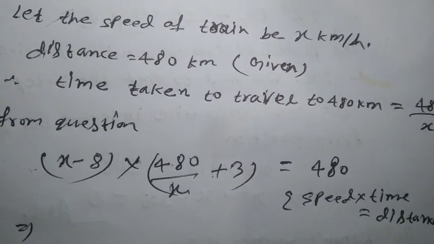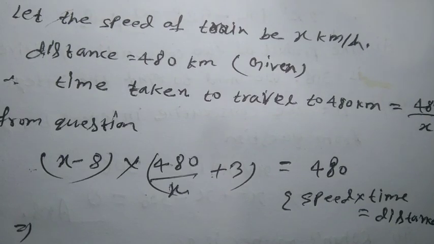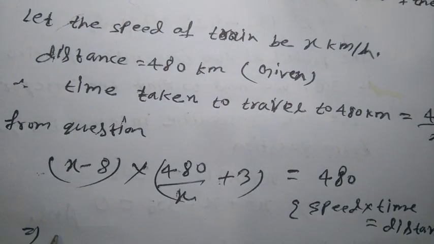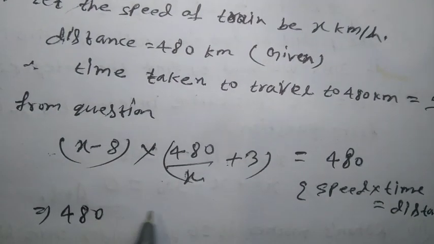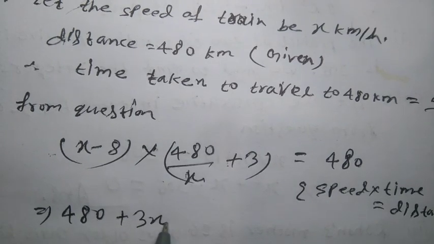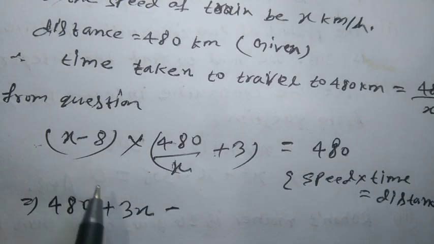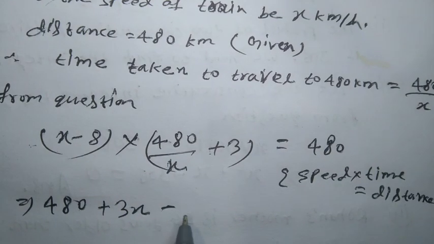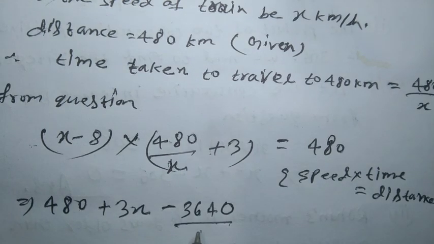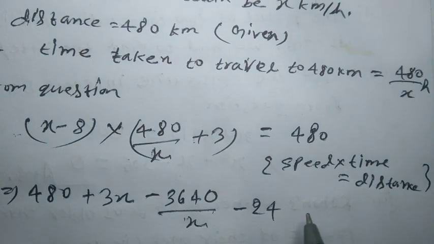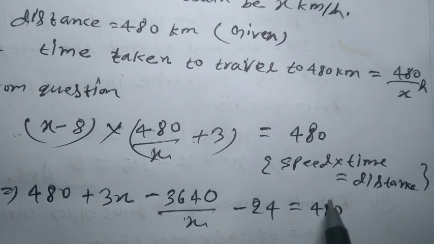Implies, now I multiply: x into 480 by x cancels, then that is 480 plus 3x minus 480 into 8 by x, that is 3840 by x, minus 24 is equal to 480.